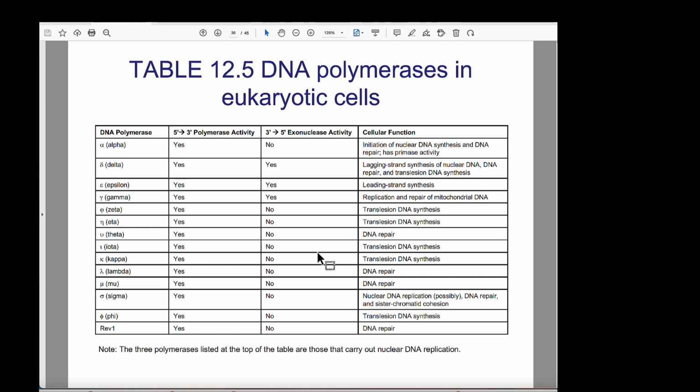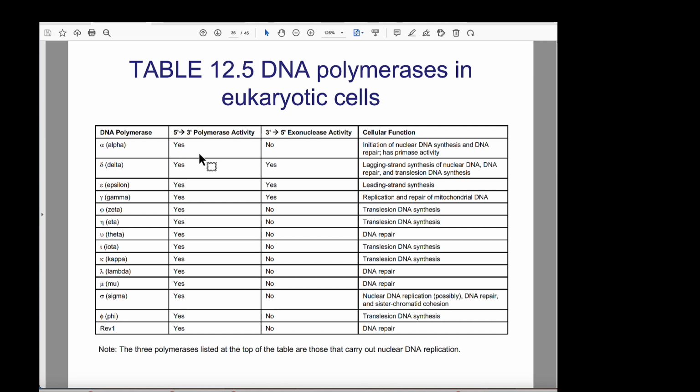However, in eukaryotic cells, there are at least 15 different polymerases. One would assume that this would be the case given the complexity of eukaryotic cells. The three polymerases listed at the top are those that carry out nuclear DNA replication.